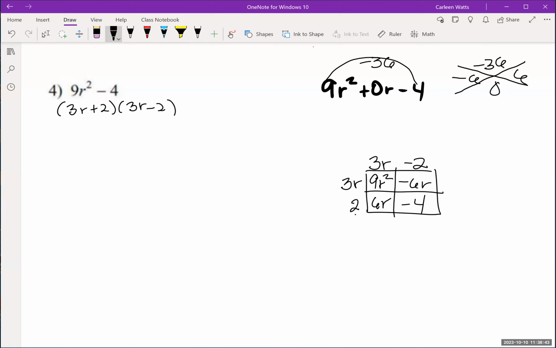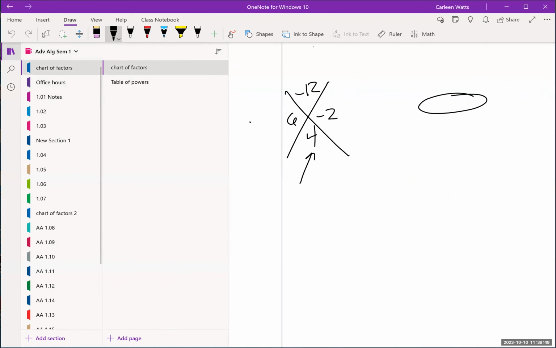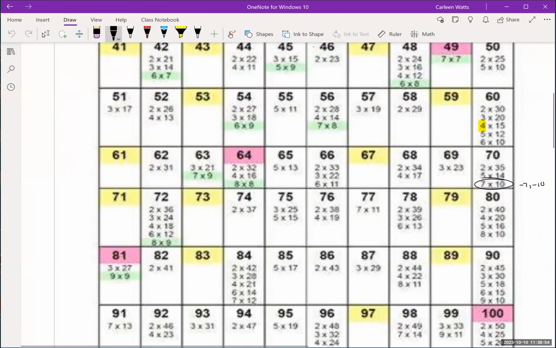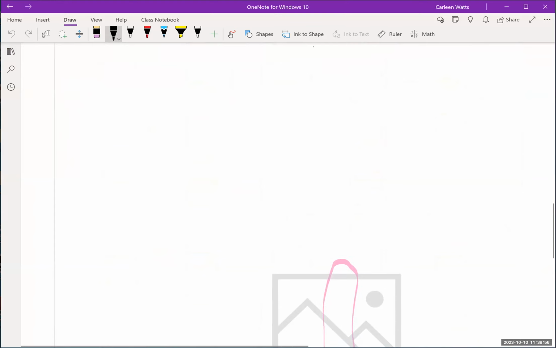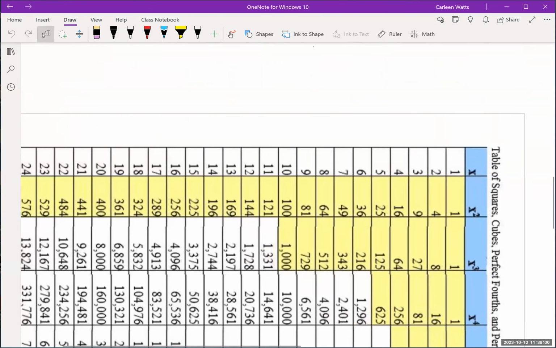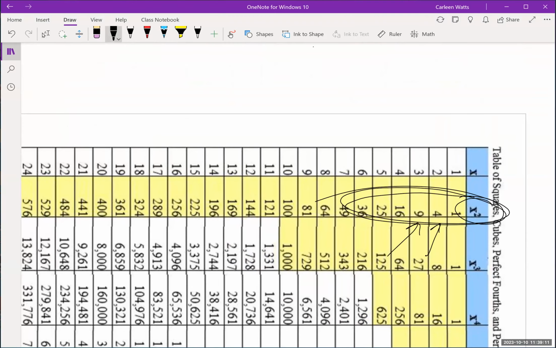Now, 9 and 4 can also be found. This is going to be sideways, sorry. 9 and 4 can also be found on the list of perfect squares. 9 and 4 are perfect squares.